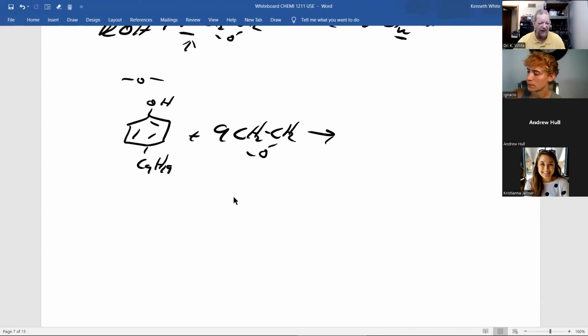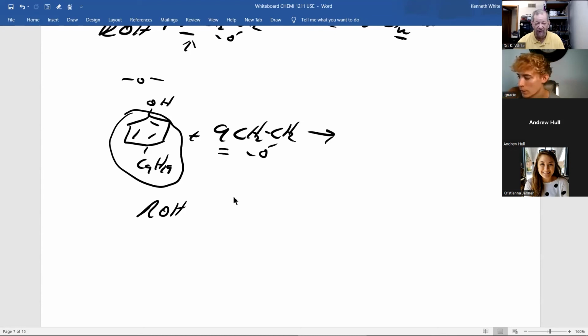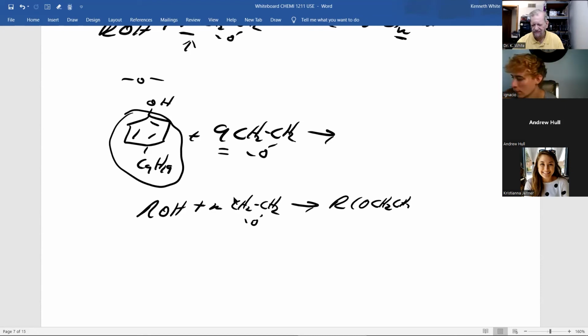All right, let's take a look at this. This is my R group. Oh, I've got an alcohol. Ooh, a number in front of a molecule. I'll call that N. And the molecule it's in front of is ethylene oxide. Notice I've been good. I haven't used slang. And what do you get? This polyether alcohol.